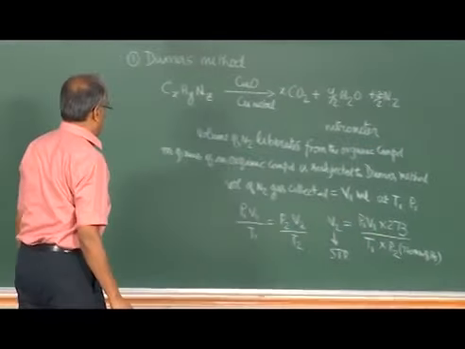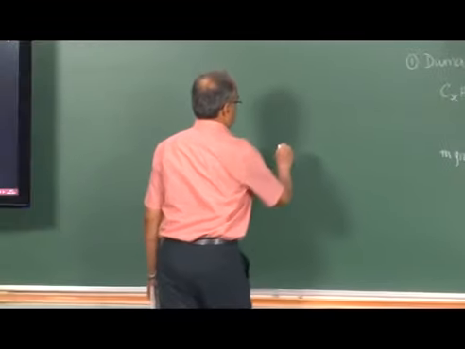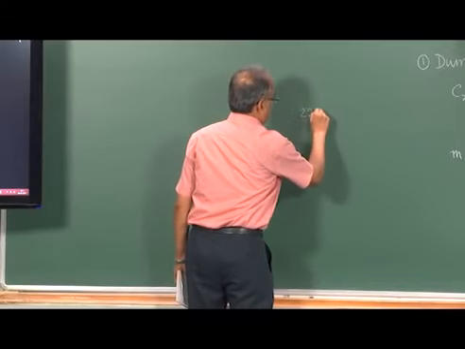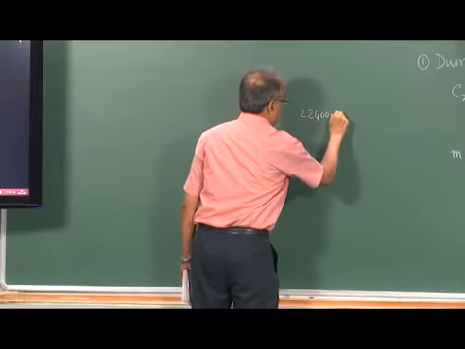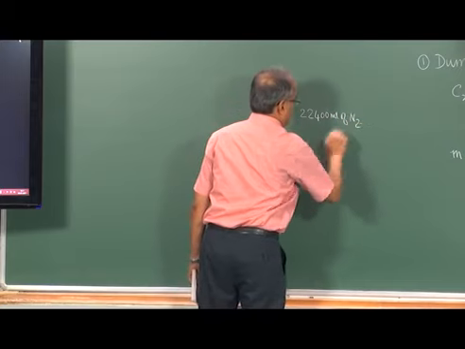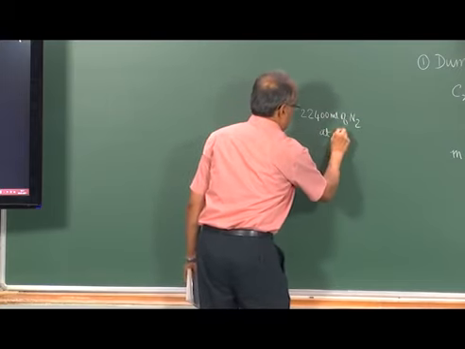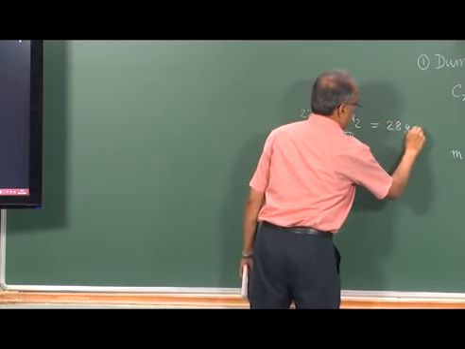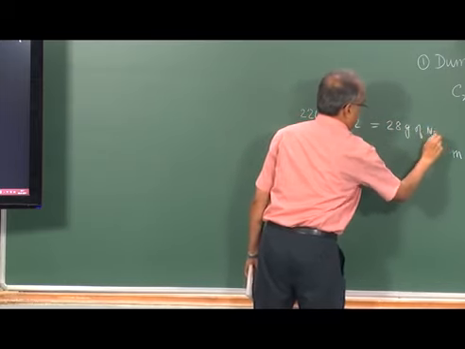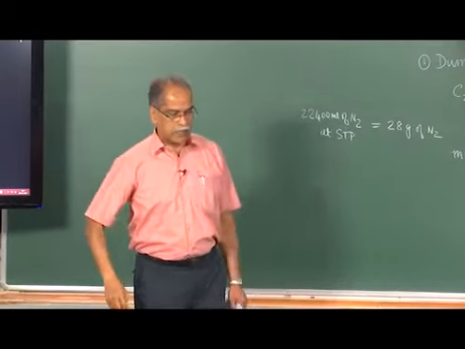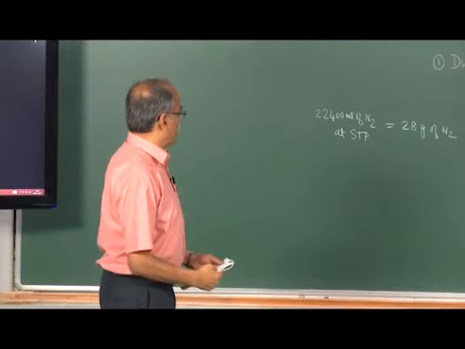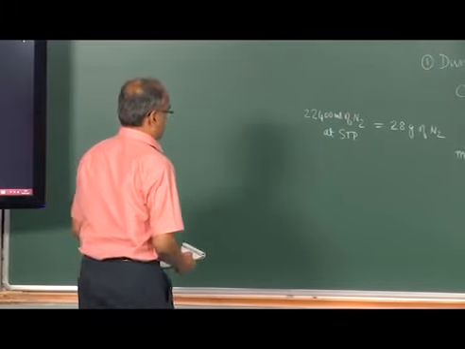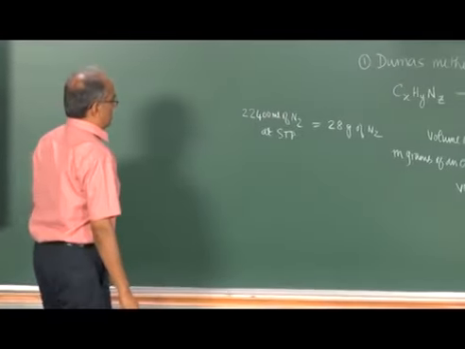Then one can use the expression, if you have 22,400 milliliters of nitrogen at STP, this would correspond to 28 grams of nitrogen. This is, 1 mole of nitrogen essentially contains 22.4 liters or 22,400 milliliters of nitrogen.